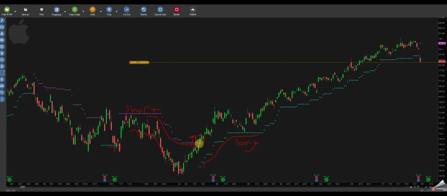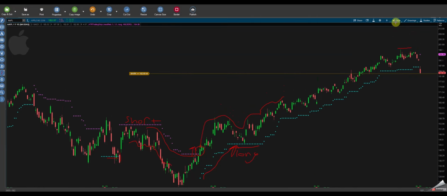So, like I was saying, you can see how accurate it is because if you were to buy here and use this as your stop, you would be killing it because you could have effectively rode it from 136 all the way up to almost $200.